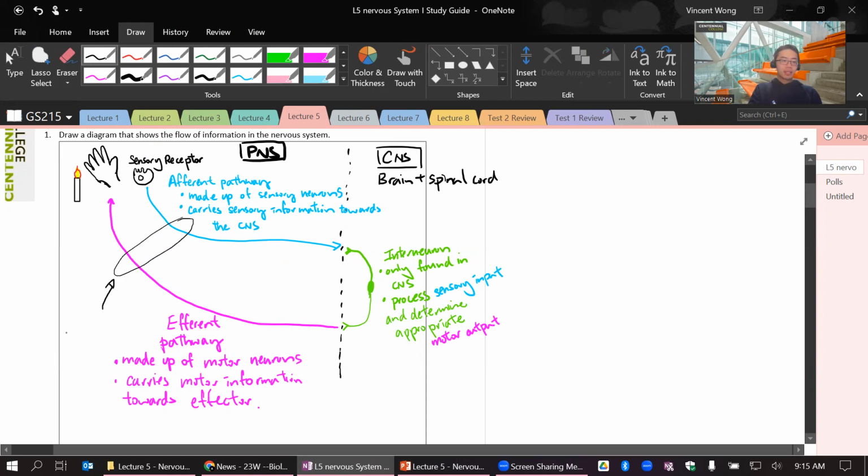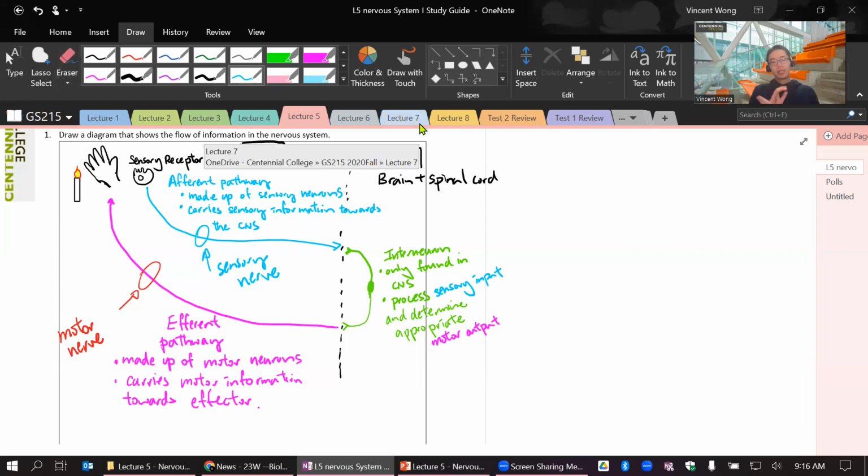This makes up a nerve. Actually, I could do it separately. This would be a motor nerve, and this over here would be a sensory nerve, because it's a bunch of axons that are found outside of the CNS.